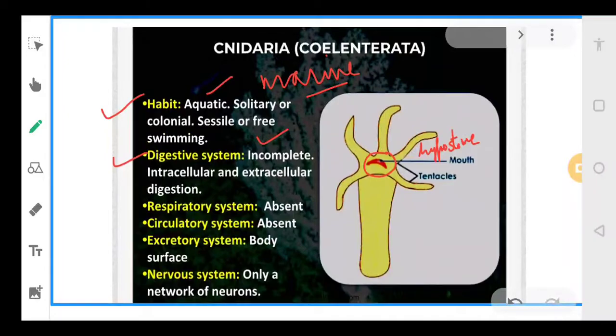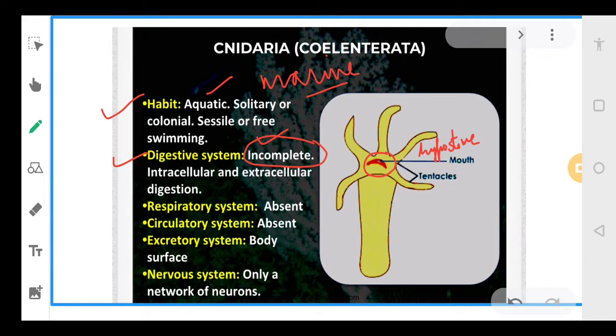Generally, a complete digestive system has two openings, one is the mouth and another is the anus. But in Coelenterata or Cnidarians, the digestive system has only one opening, that is the mouth.